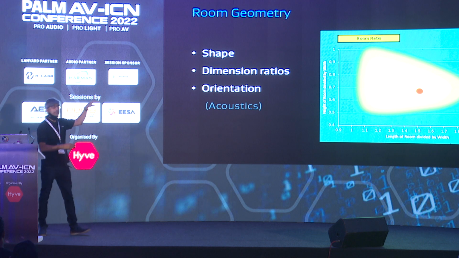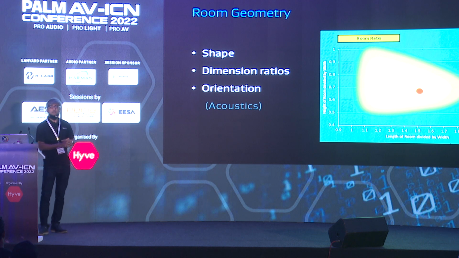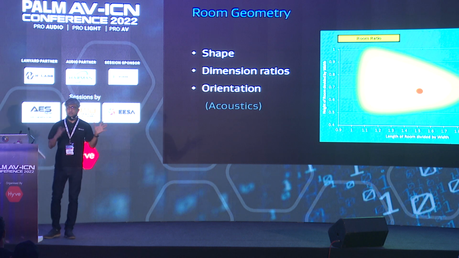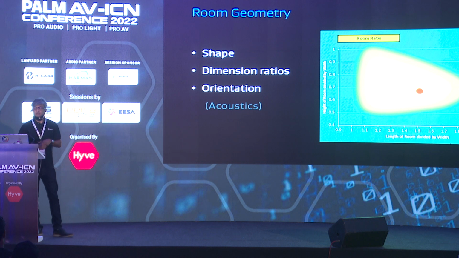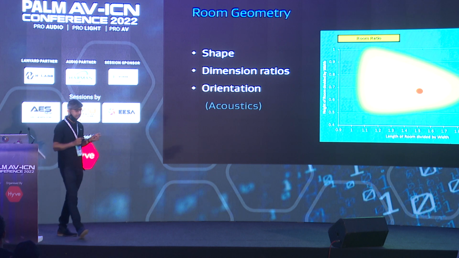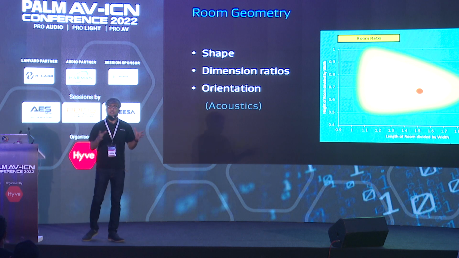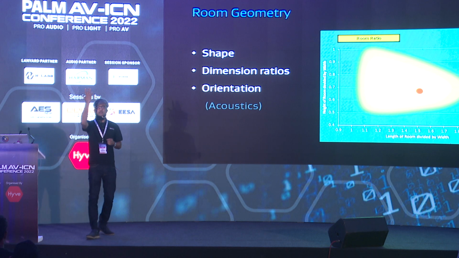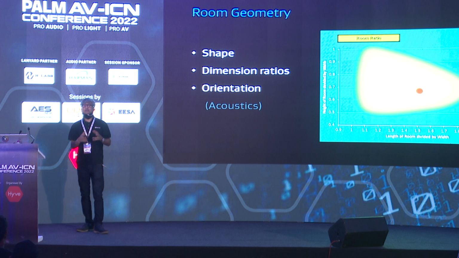And similarly, you can calculate what the height should be, but the height should not drop below 10 feet because we are looking at a near-field mix room where overhead speakers have to be considered. When you are mixing in 5.1 or 7.1 or plain stereo, you do not have overhead speakers, so that really did not matter.